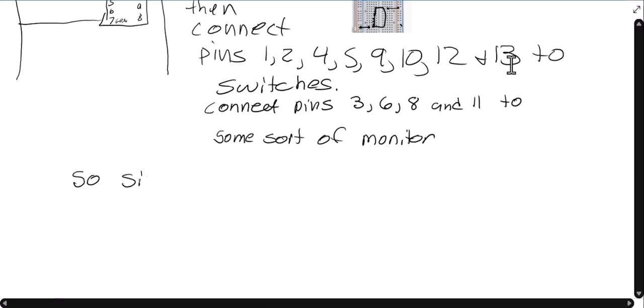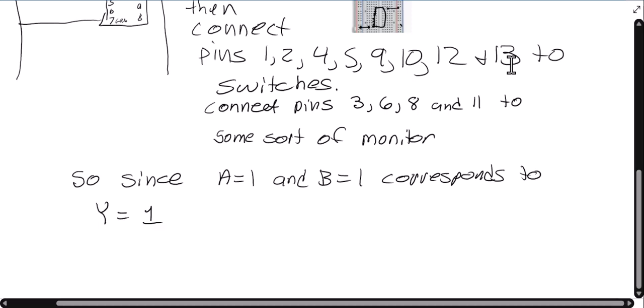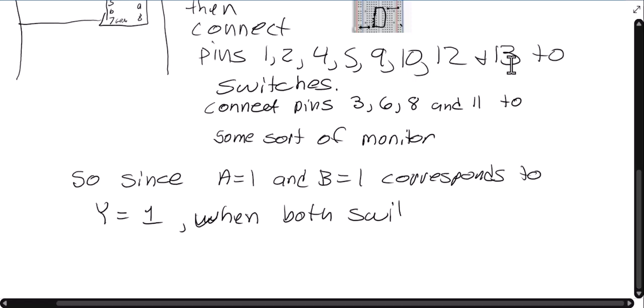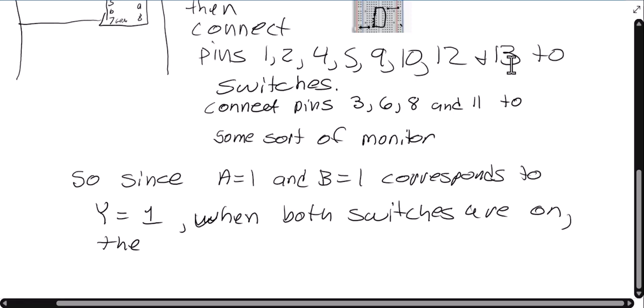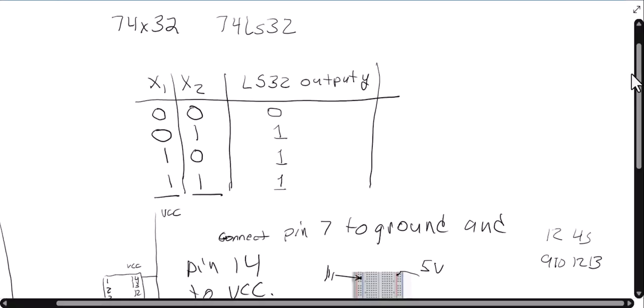So since A equals 1 and B equals 1 corresponds to Y equals 1, when both switches are on, the LED should light up, because our truth table said if they were both on, our output is on.